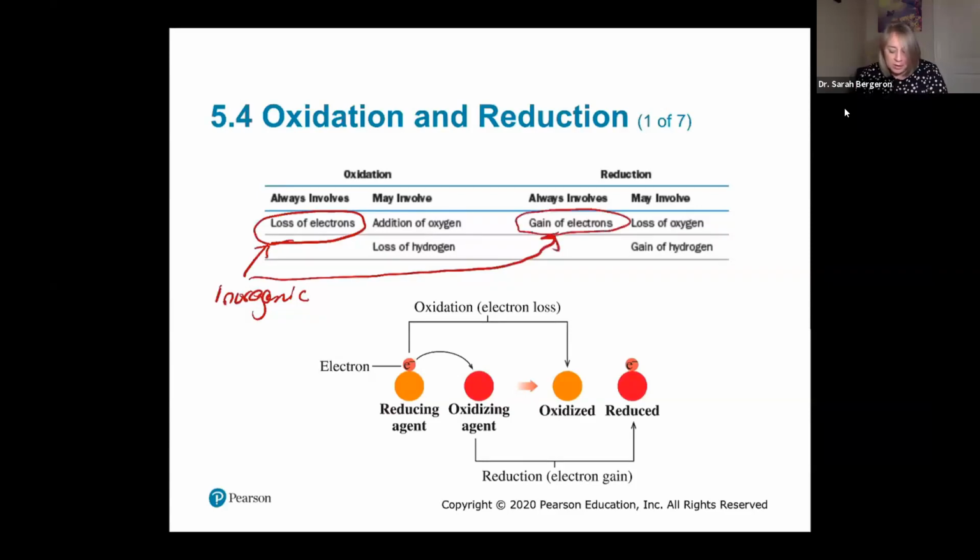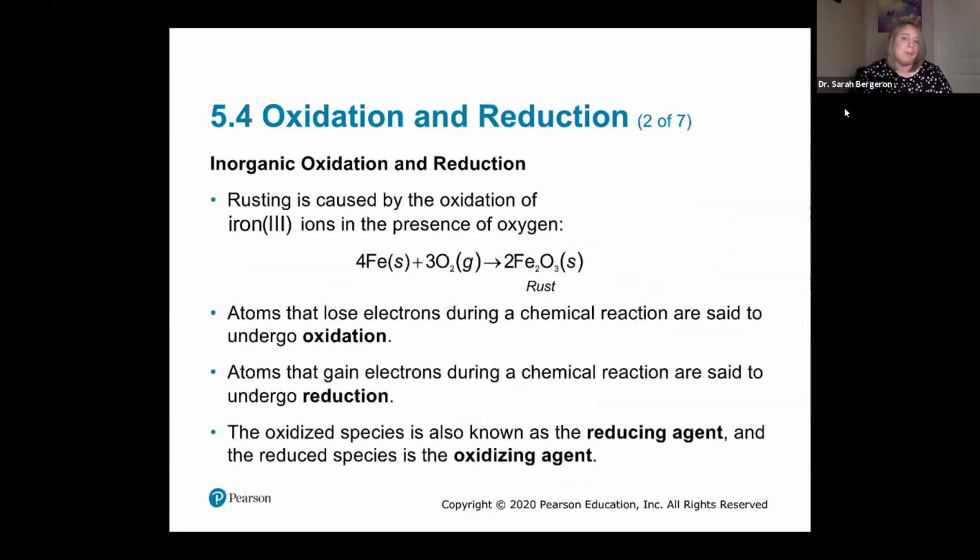But remember, I said it's going to be easier when we're looking at organic substances, because we're actually going to be able to just count the number of oxygens and the number of hydrogens and know if we're having an oxidation or a reduction reaction. So just keep that in mind, and we'll keep coming back to that.